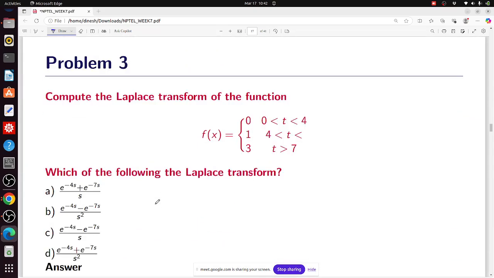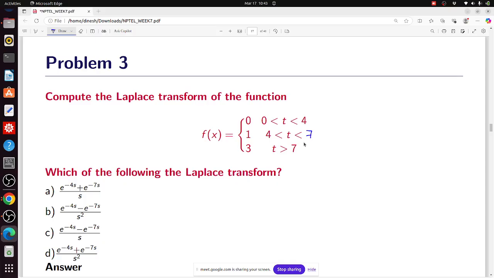Now compute the Laplace transform of the function. The f(t) is given as 0 when t is between 0 to 4, t minus 4 when t is between 4 and 7 (I think there is a typo), and 3 when t is greater than 7.